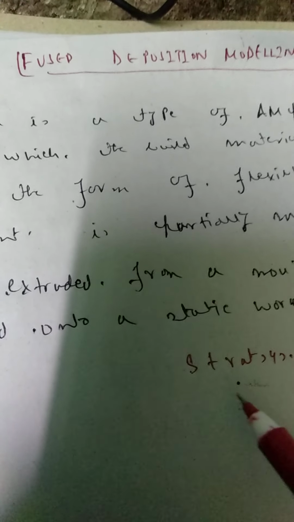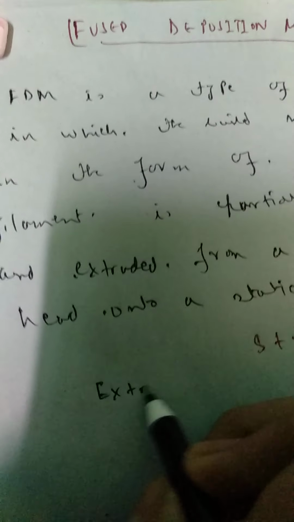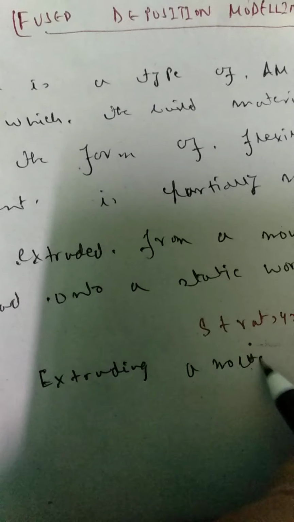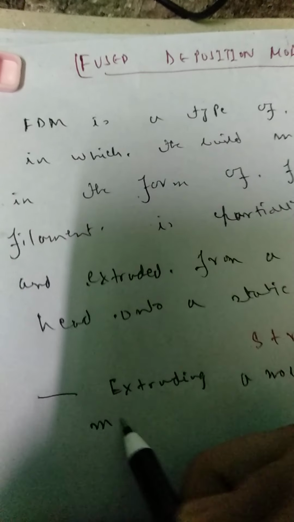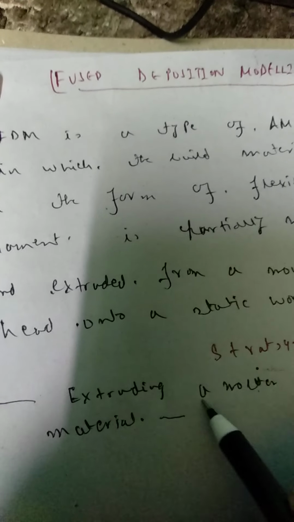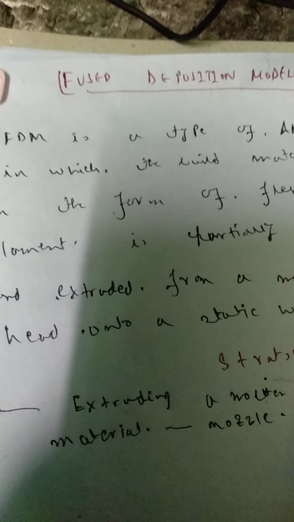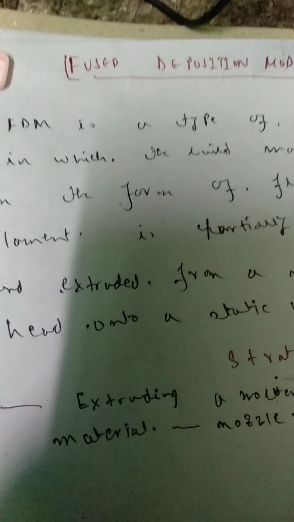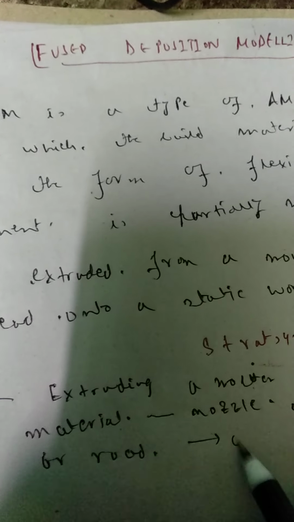This process fabricates parts by extruding a molten thermoplastic material through a small nozzle to form a thin bead or rod that is deposited in a predetermined manner.